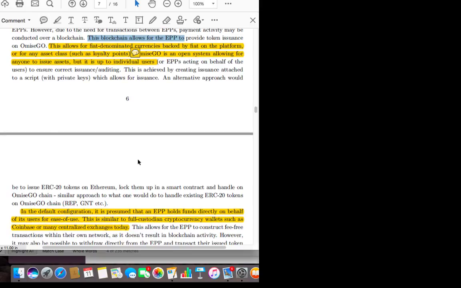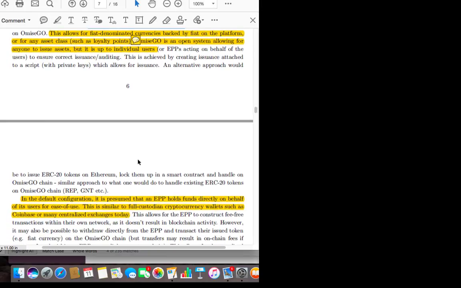They also go on to talk about how else it could be validated, and they say that another option is to basically issue these ERC20 tokens and then lock them up in a smart contract on the Omisego chain.